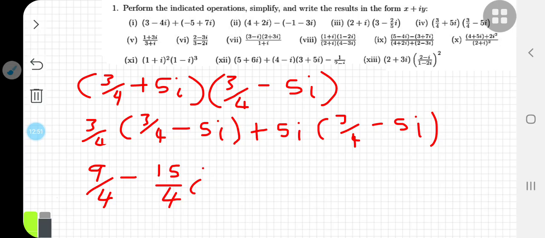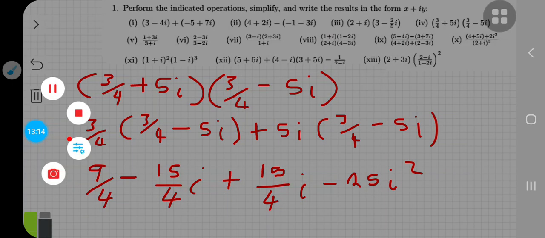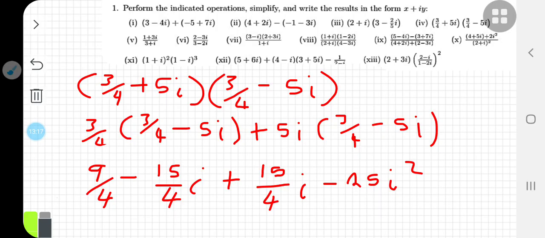Then minus, what is 5 times 5? That gives us 25i squared. So now, let me just read this part.